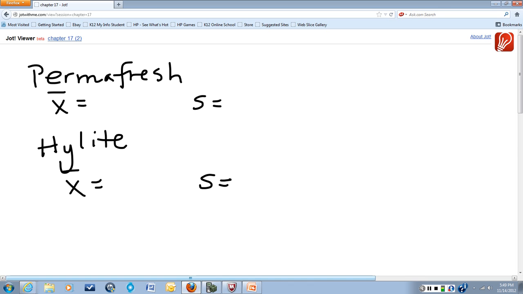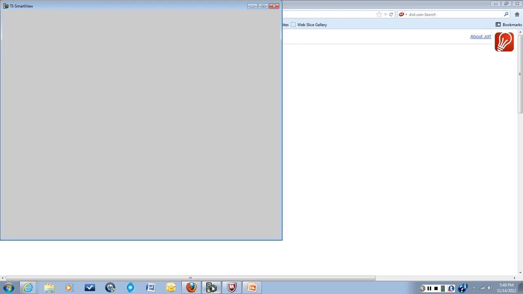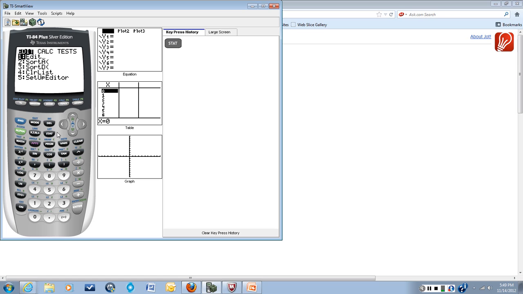And we will do that by entering the data into lists. So we'll go to our calculator and go to list 1, and I'm going to clear out data that's already in my calculator. You often are going to have to do that to enter new data. And I'm going to enter the data for Permafresh and for Highlight.